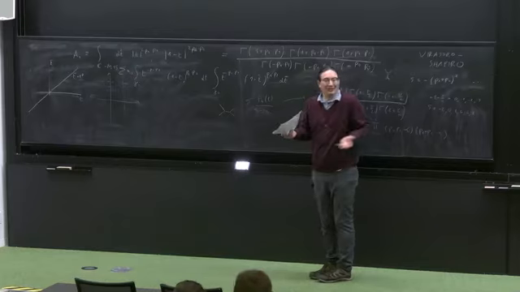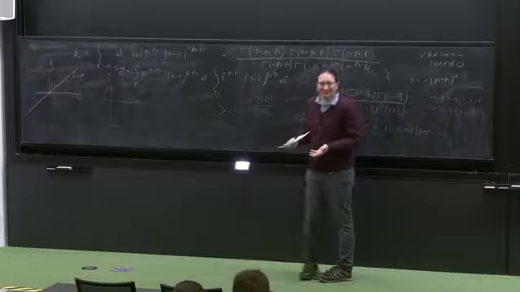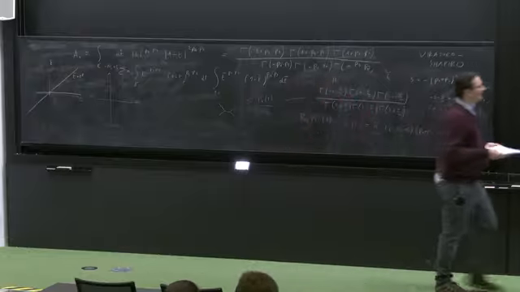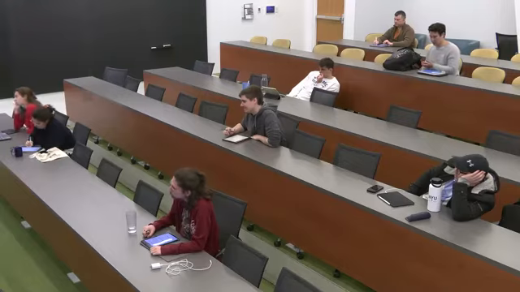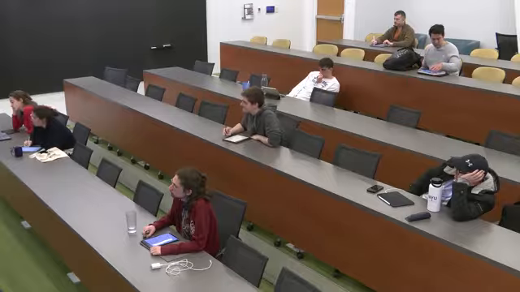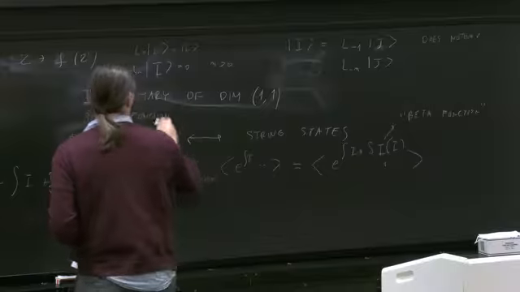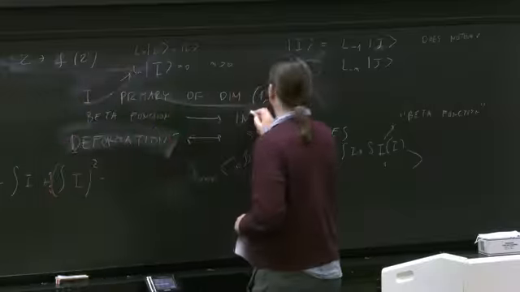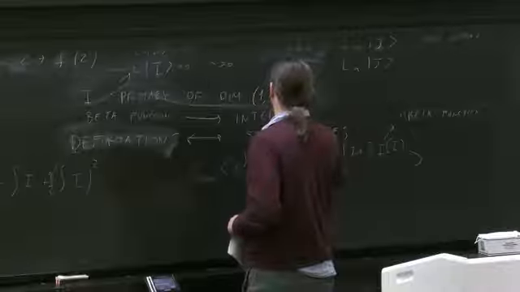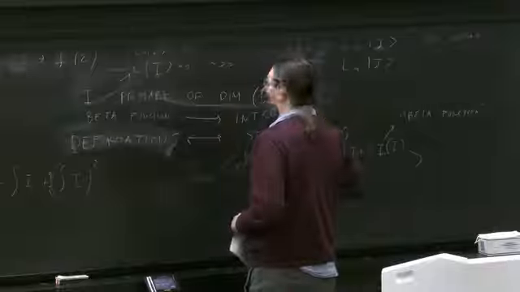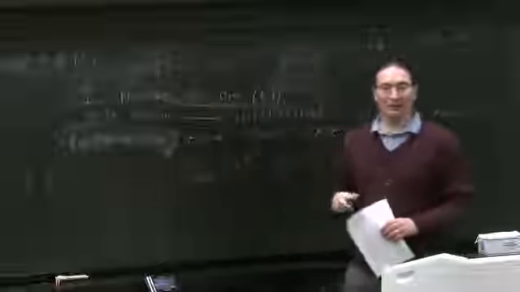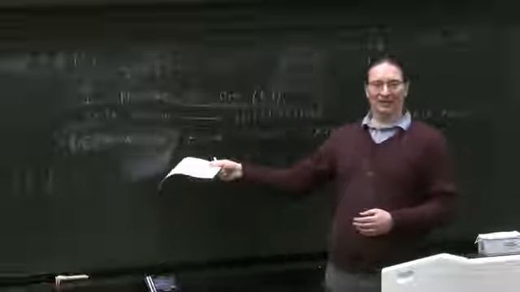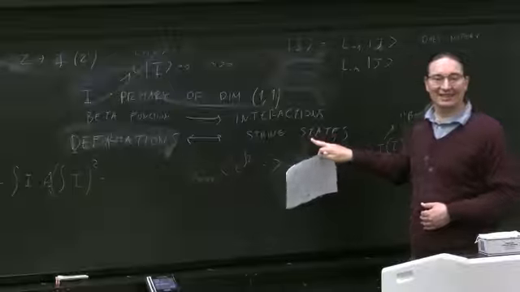Yeah, quite common. It's called an interaction. So we'll learn how to convert information about the beta function to information about how the string states interact.